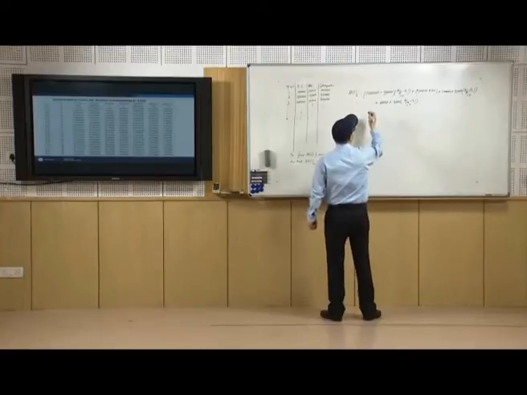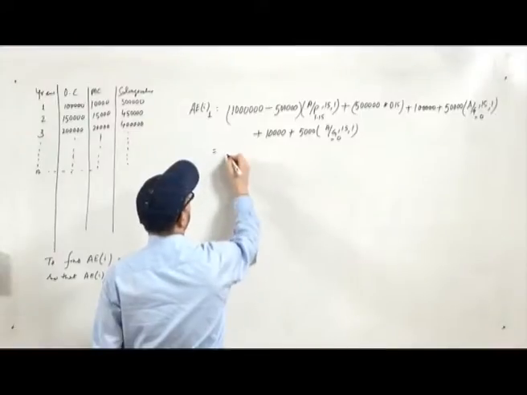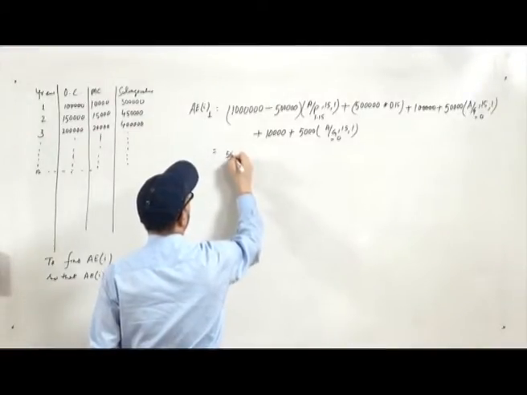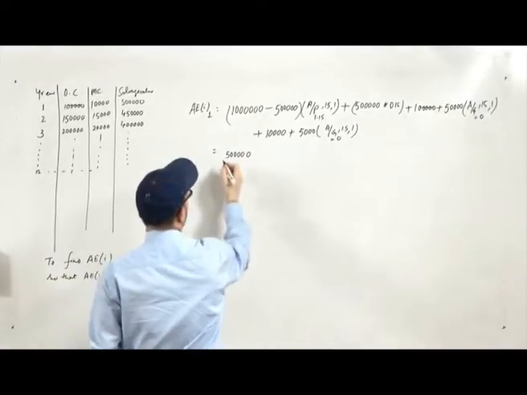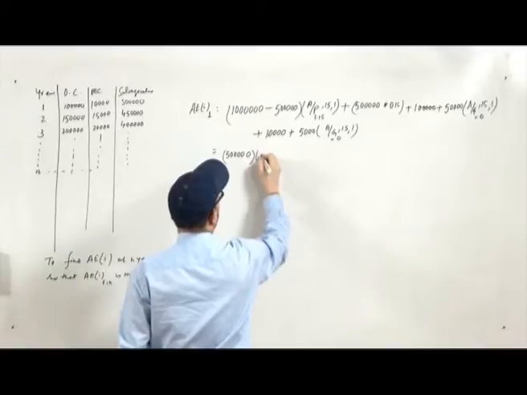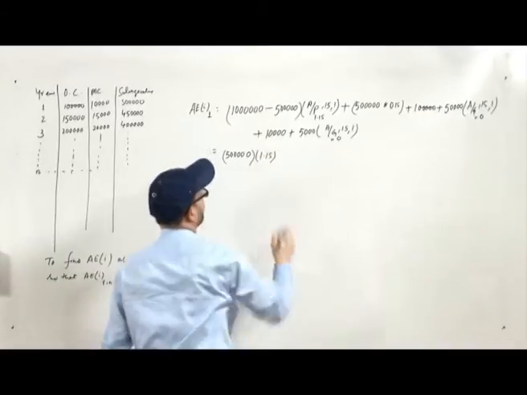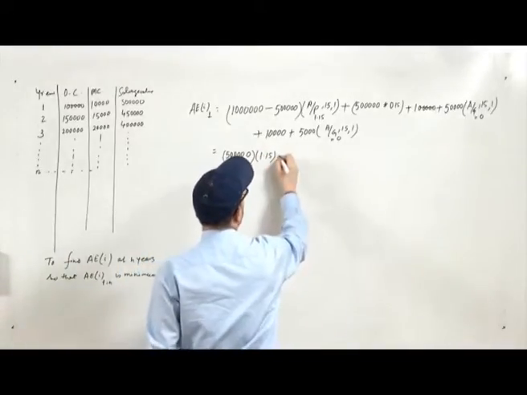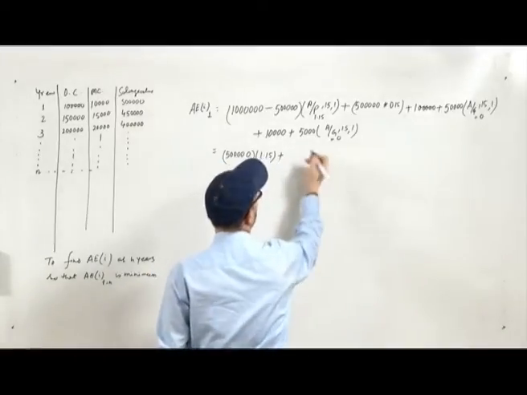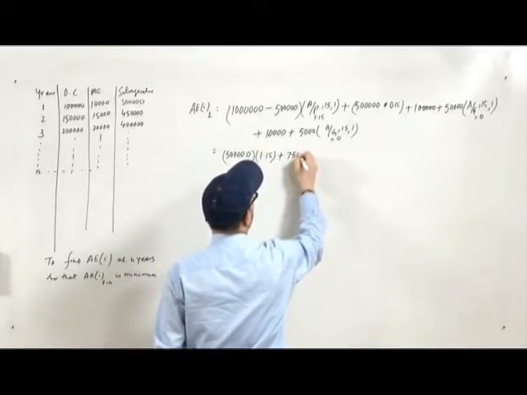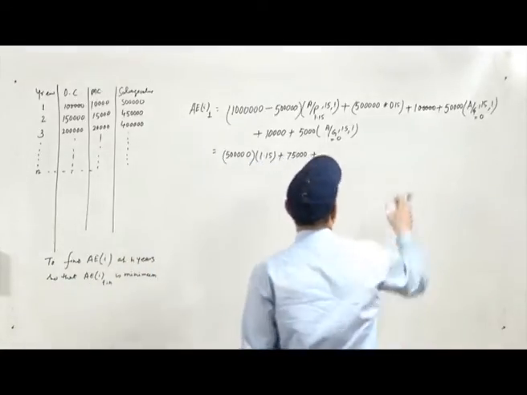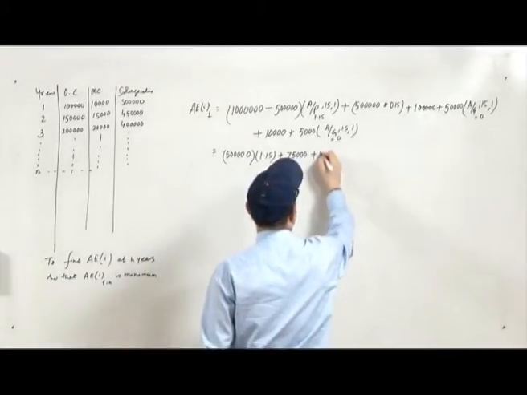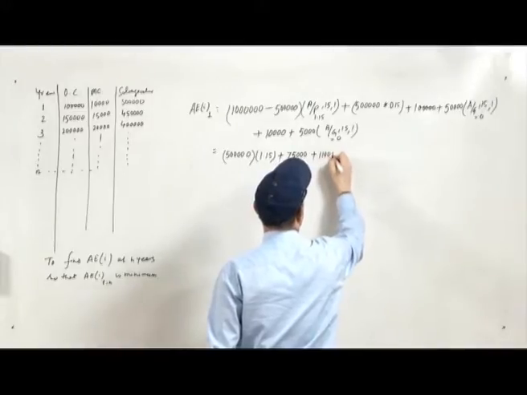So, this statement can be written as 5 lakh multiplied by 1.15 plus 75,000 plus 1,10,000.